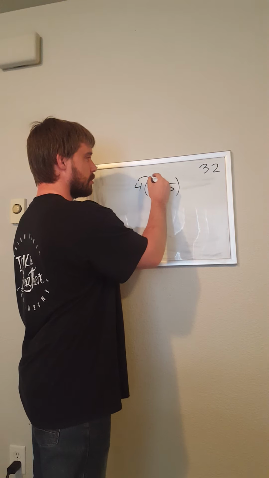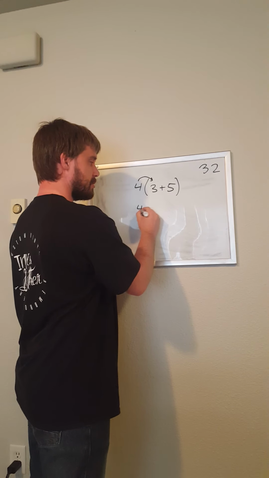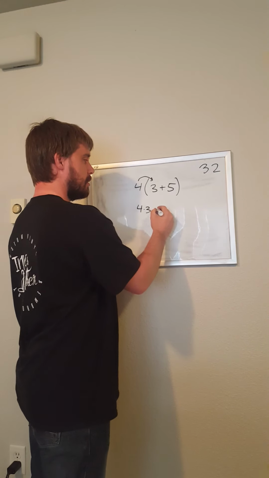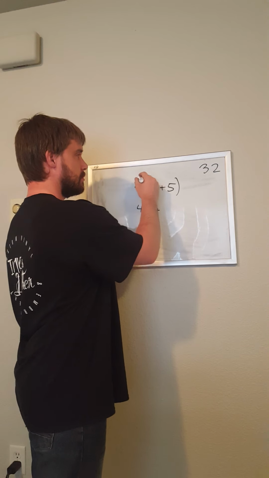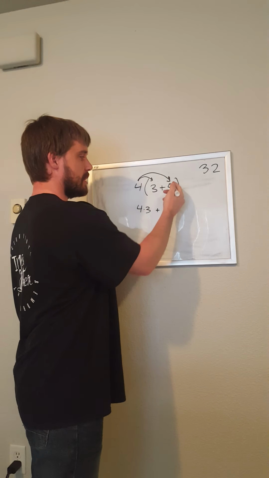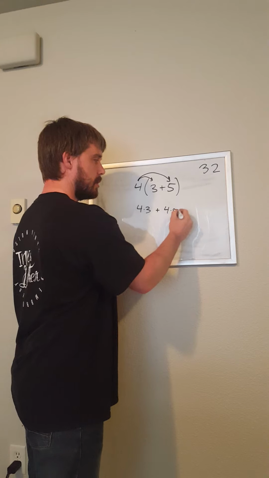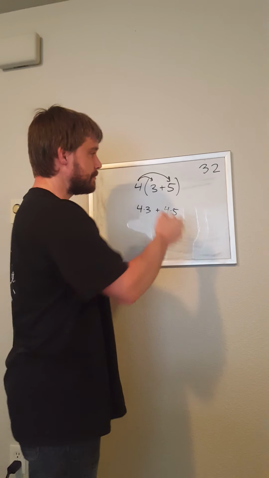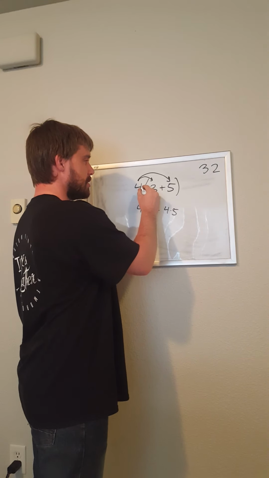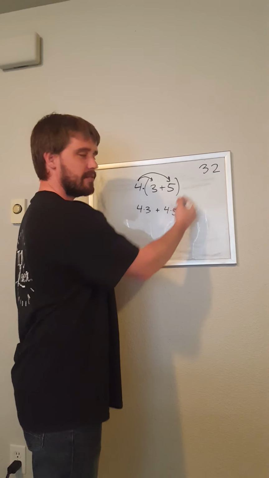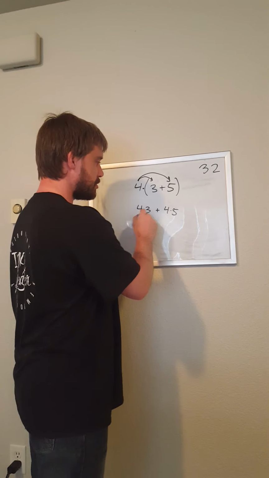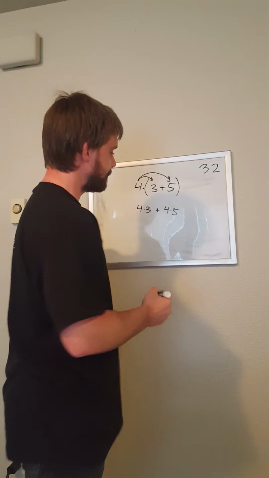So we distribute the 4 to the 3, which means we do 4 times 3, and then we add 4 times 5. So we have distributed the 4, this multiplication. 4 is multiplying everything in this sum. We've distributed the 4 to everybody in the sum.